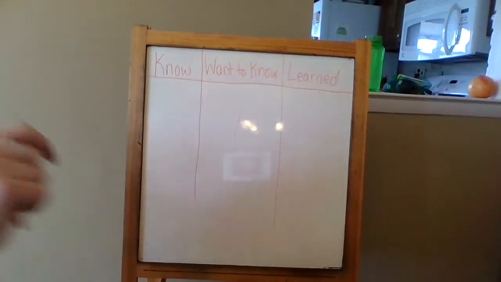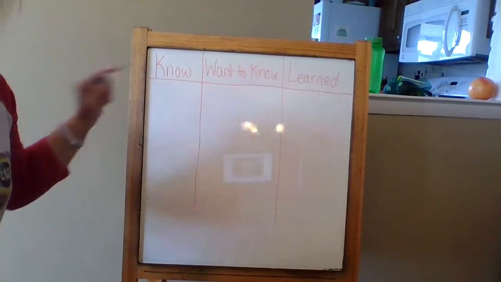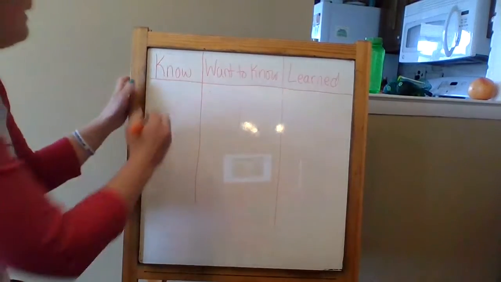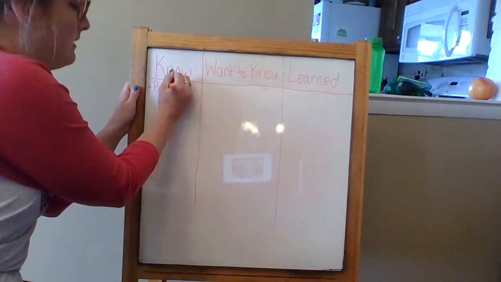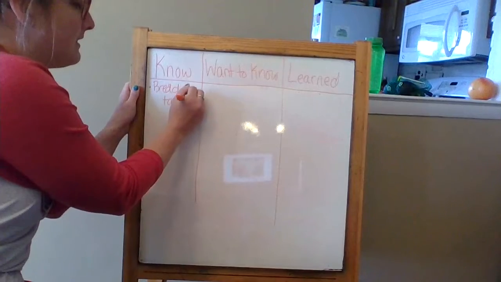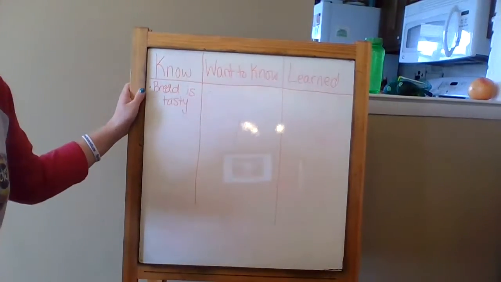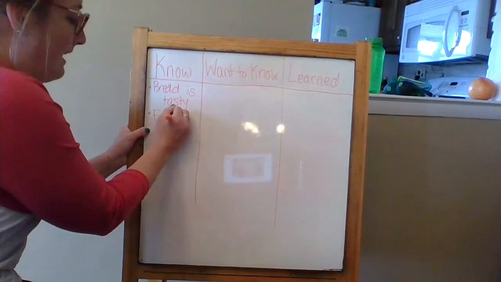Okay, and I'm going to just move this so that hopefully you can see it a little better. All right, so I'm going to write about the things that I already know about bread. Well, bread is tasty. I know that bread tastes delicious. I also know that bread is made out of flour.